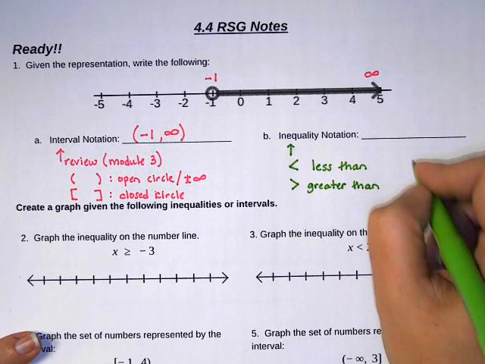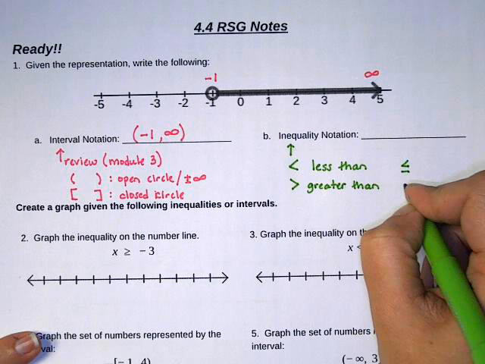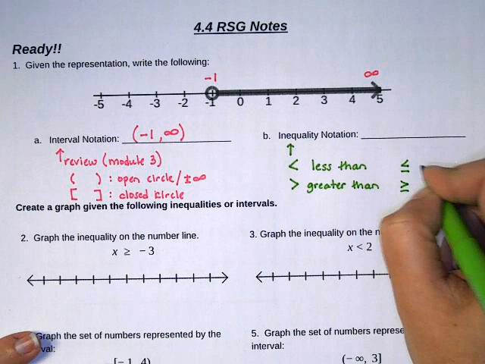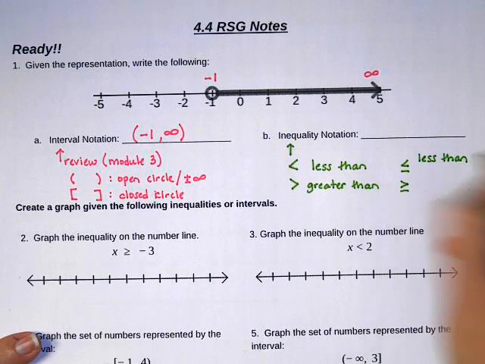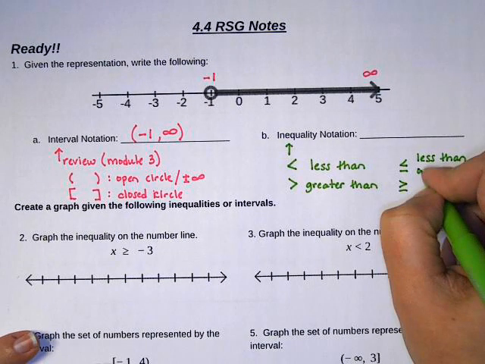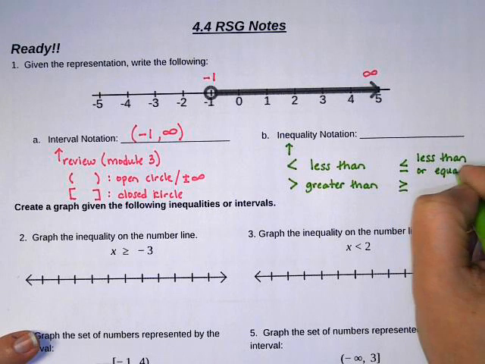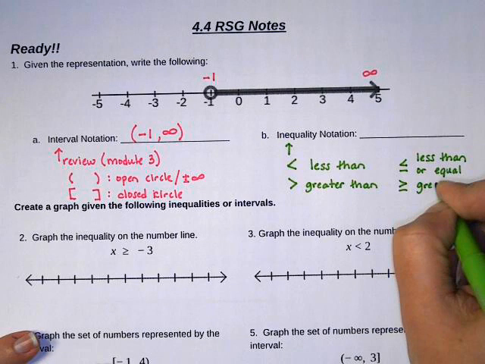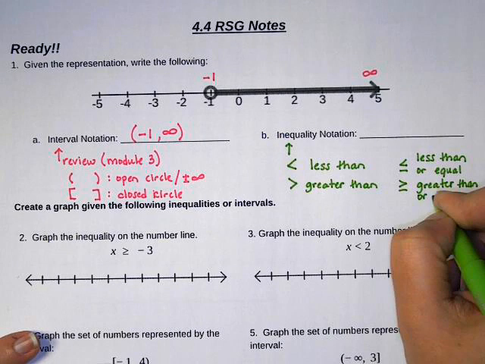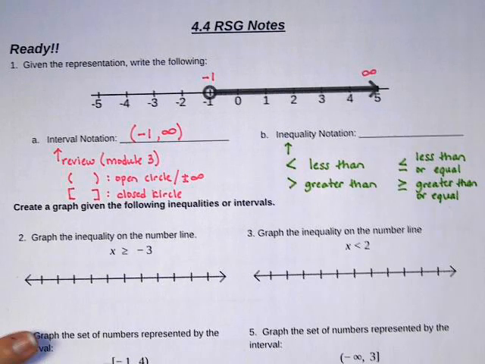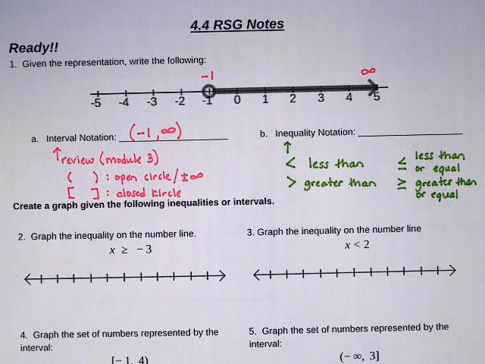And we can always do a less than or equal to or a greater than or equal to, by combining these symbols with the idea of an equal sign, which we've already learned about.